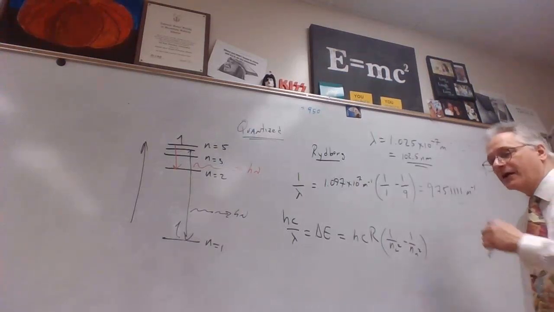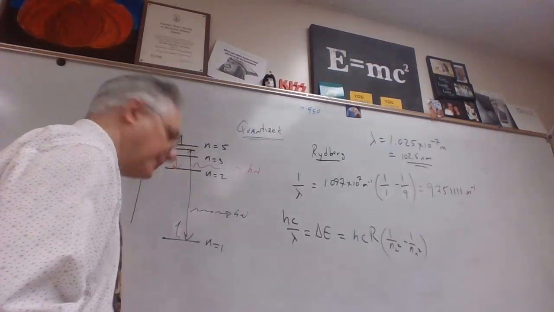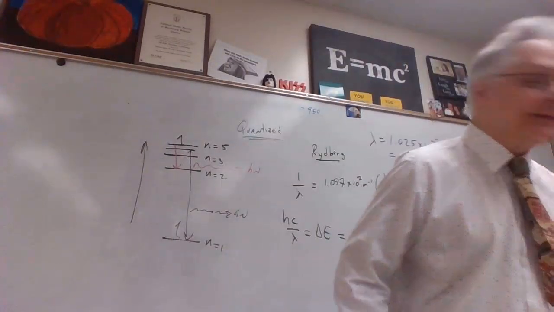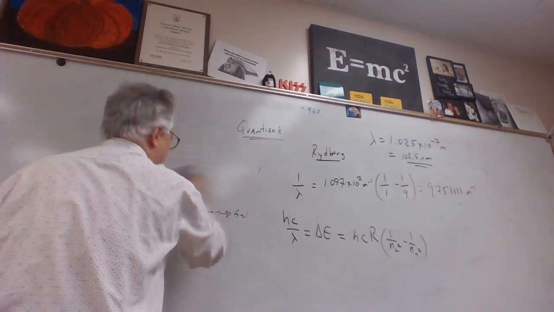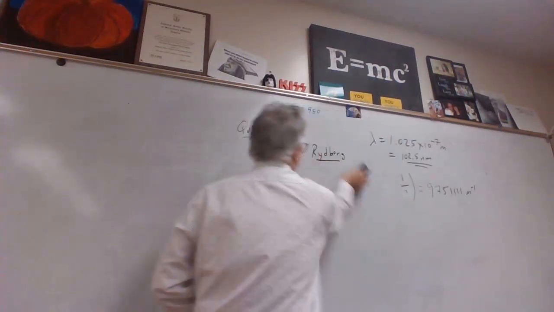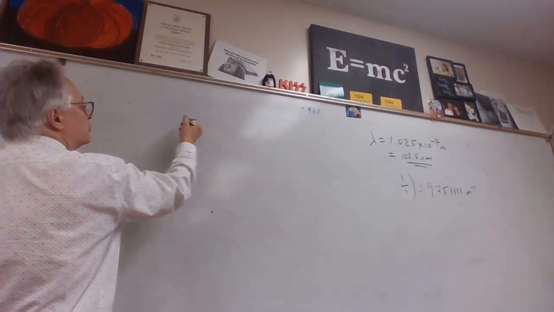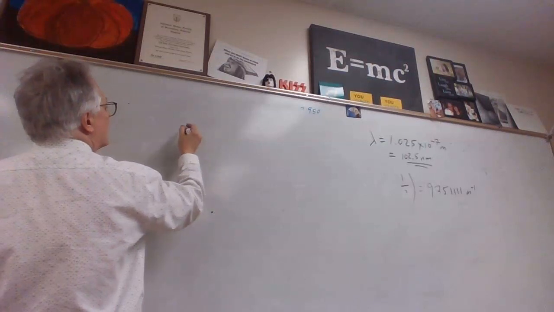Oh, and the other thing we talked about, the de Broglie relationship. I forgot to mention that. We said that if waves can be like particles, particles can be like waves. And we derived this equation, but I don't care that you derive it.